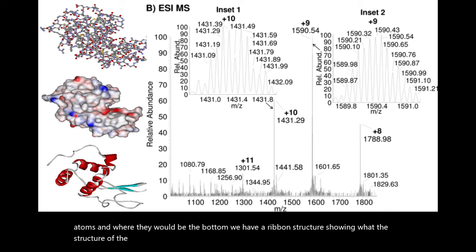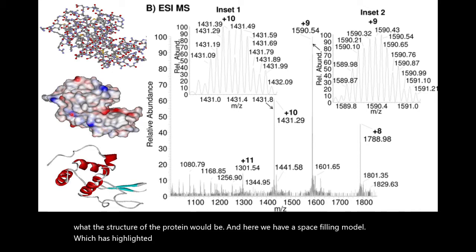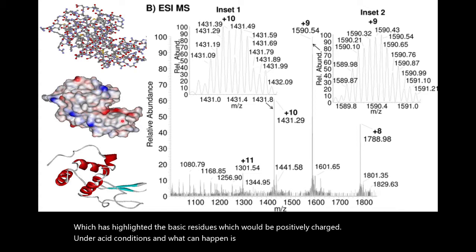And here we have a space-filling model which has highlighted the basic residues, which would be positively charged under acid conditions. And what can happen is that different molecules of the same protein can take up different amounts of charge.